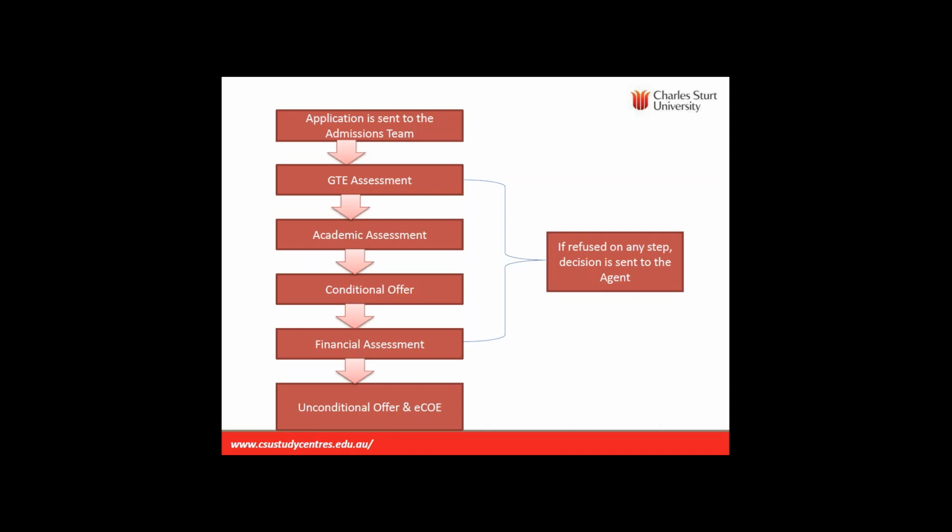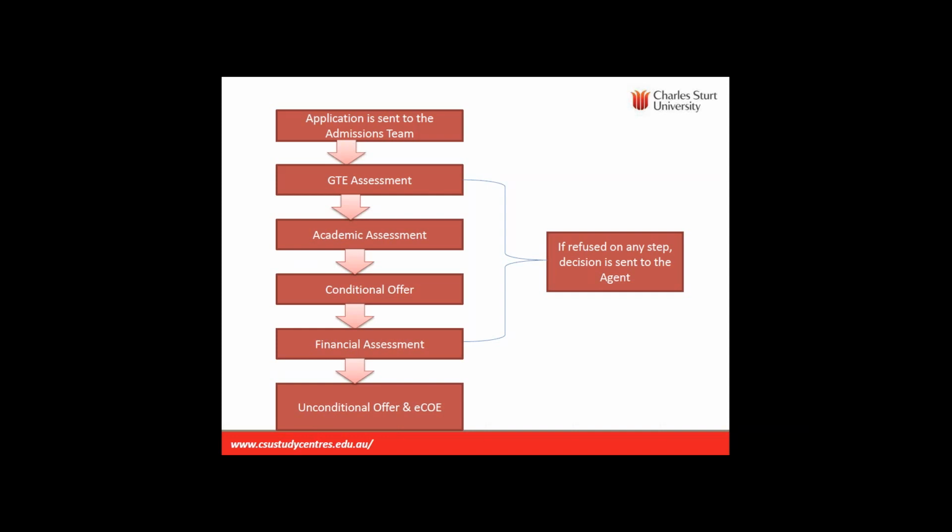For the admission team, we have the CSU admission address at studygroup.com. This is the main address to send the new application packages. But also, for any support or assistance you may need, I suggest you always copy myself in, or your partner sales manager responsible for your region.